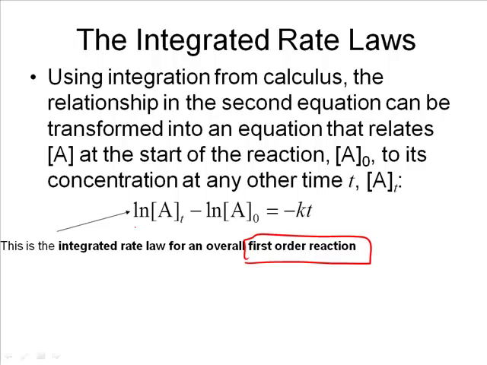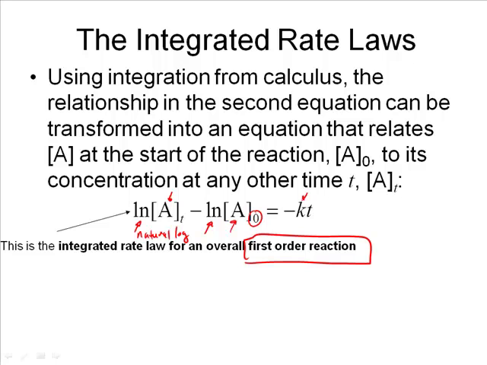So here are a couple things. ln stands for the natural log. That is a button on your calculator. This is the concentration of A at whatever time they mention. So they might say 30 seconds into the reaction. Here is natural log again. Here is the concentration of A at time 0.